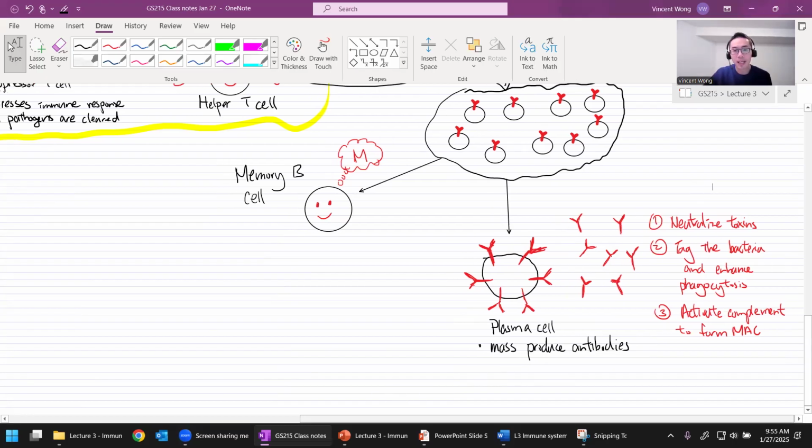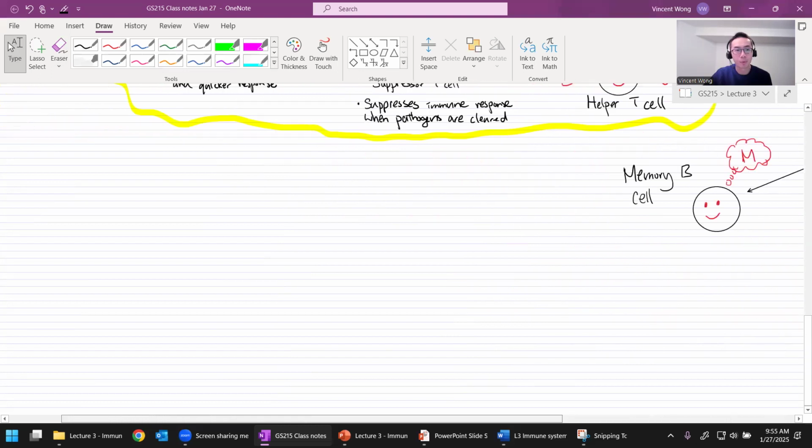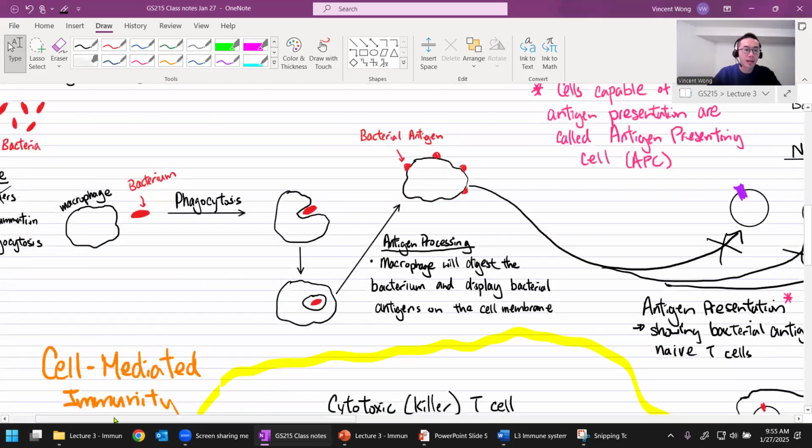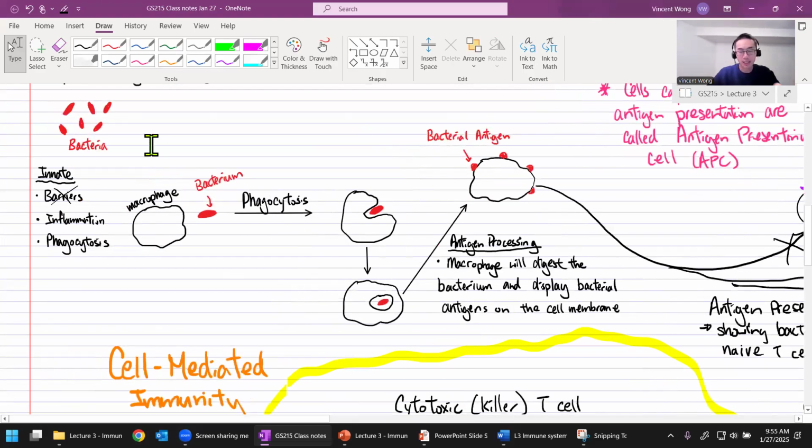So I just want to relate this to what we were learning in lecture two. This whole thing does not have to be triggered by bacteria. I keep on telling you, right? This whole thing can be triggered by any foreign antigen, such as RH. If this is an RH negative person, instead of bacteria, you don't have to draw this, they might have RH positive cells coming in, right?